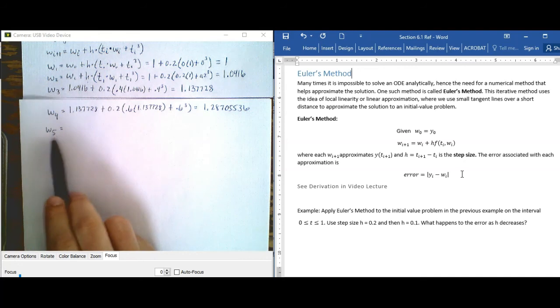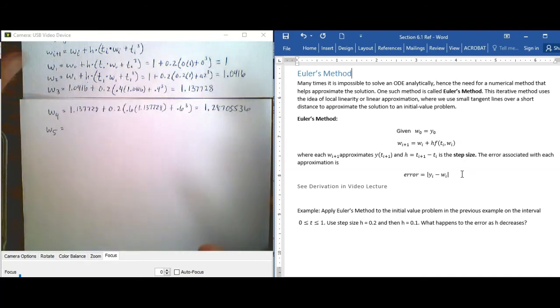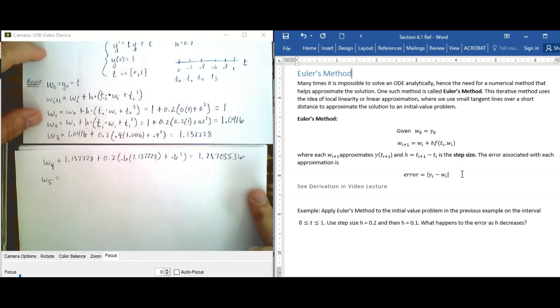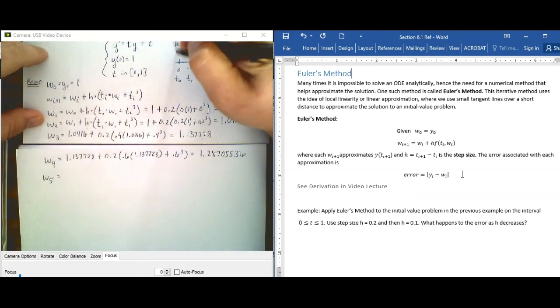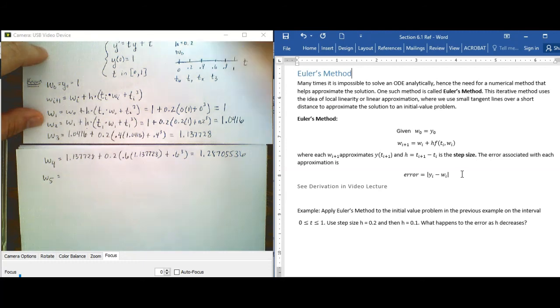All right, now we're at our last approximation, right? If you notice, we knew W0. We got an approximation for W1, W2, W3, and W4. And W4 is used for the very last value here.